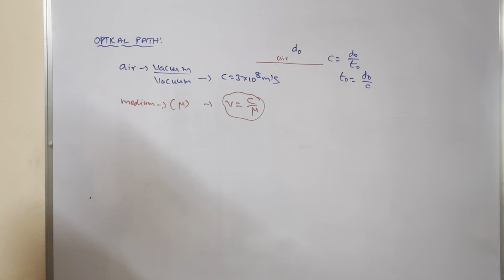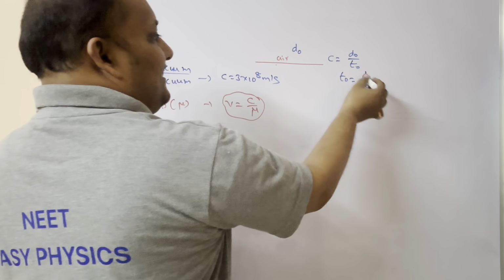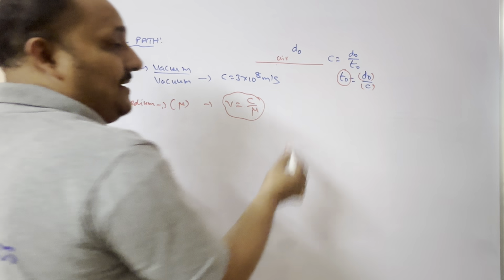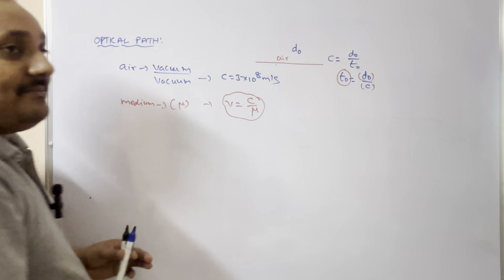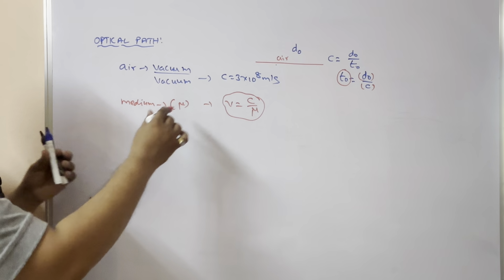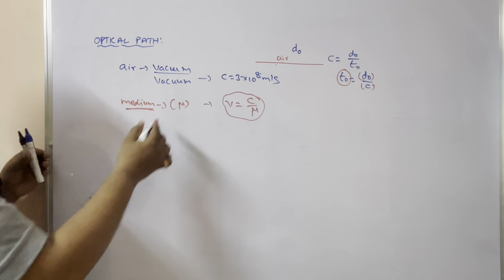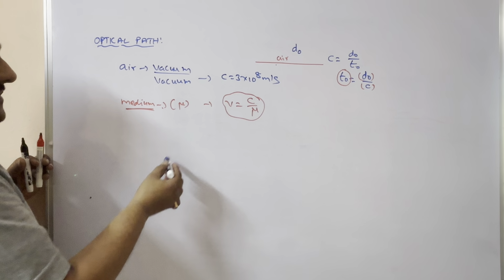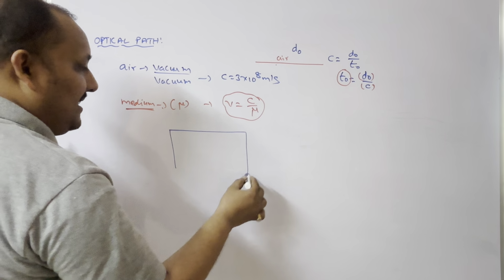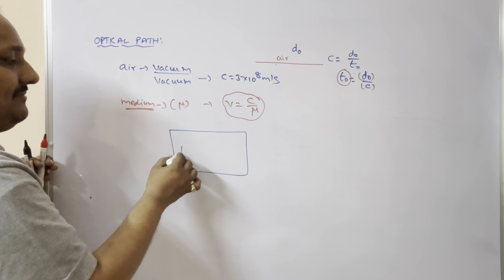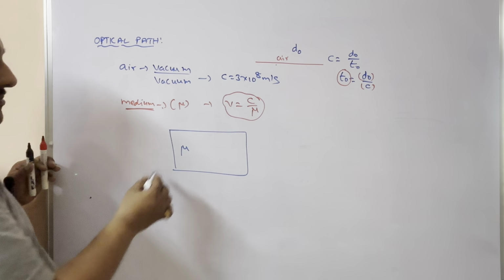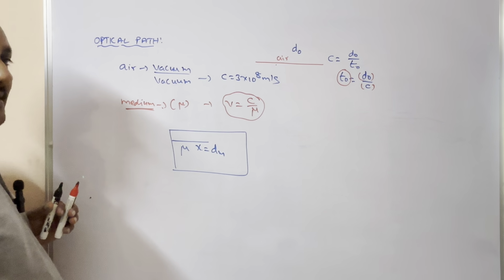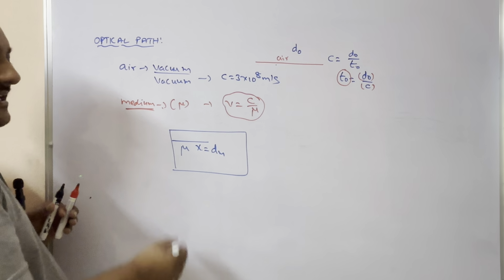Within the same time, how much distance it is covering in the medium? Let us assume this is a medium which is having refractive index mu. This distance we can take x or dm, where dm is nothing but distance in medium.